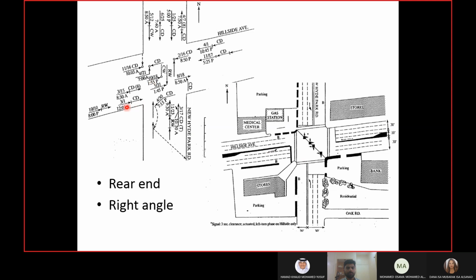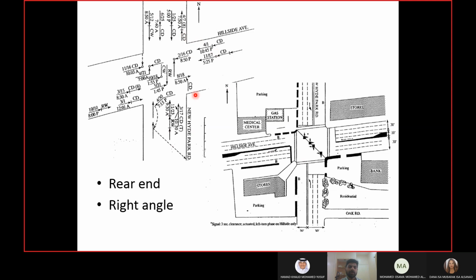If you look at the collision diagram, on all sides of the intersection, you will see rear end accidents. There are two here, then we have like 4 or 5 here, then there are many here, and then there are many here. So each side of the intersection has rear end crashes.